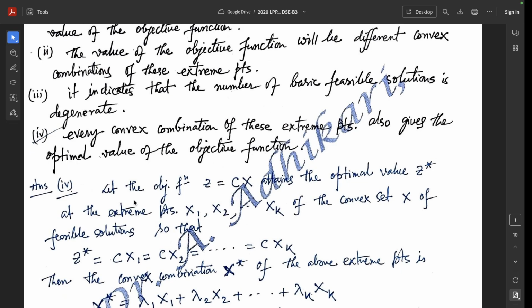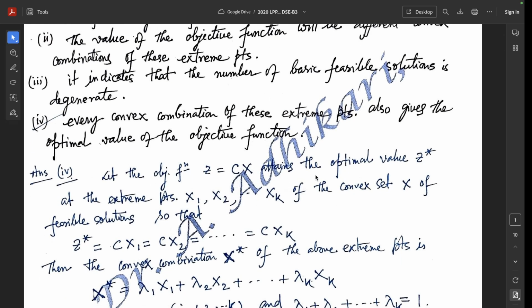Here, the objective function z equal to cx attains the optimal value z star at the extreme points x1 and x2 up to xk of the convex set capital X of feasible solutions, so that z star equal to cx1 equal to cx2 equal to cxk.